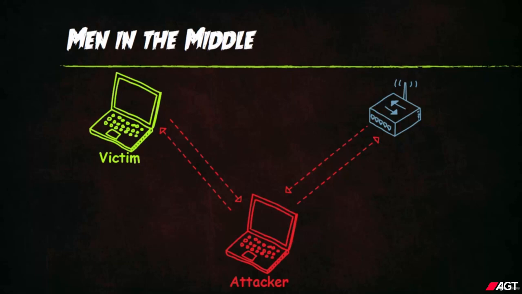This type of attack is known as man in the middle attack, right? As you can see in the picture, the attacker is in between the communication going on between the victim and the access point. Now there are multiple types of man in the middle attack. The specific attack which we are going to do on captive portal is known as ARP poisoning.